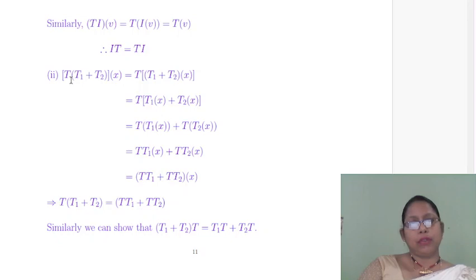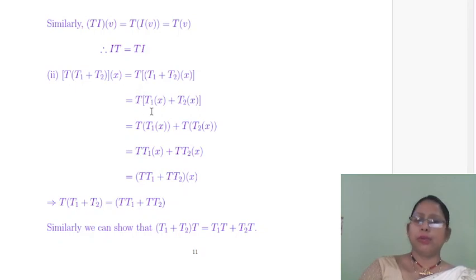Next, take the left hand side of the second, that is T of (T1 plus T2) at x, which is equal to T within bracket (T1 plus T2) of x. Then using the property of linear transformation, this can be written in this form T within bracket (T1x plus T2x).